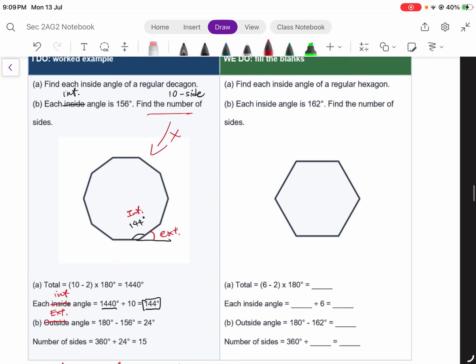Even for this 10-sided figure, if I add all the exterior angles together, they should equal 360.